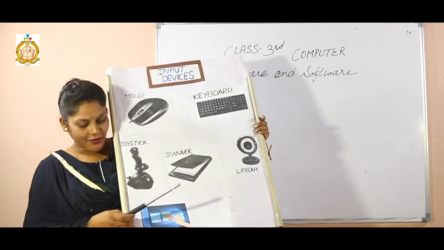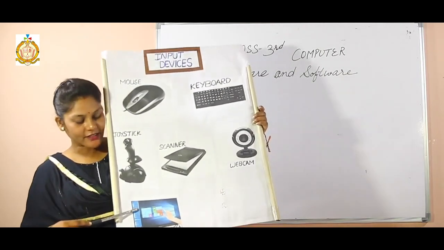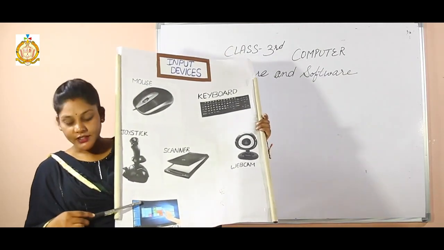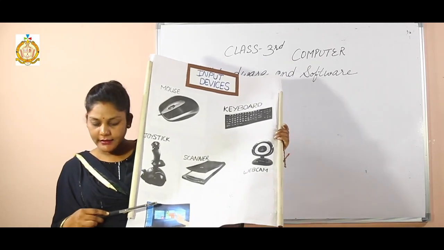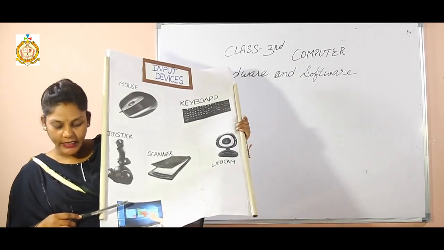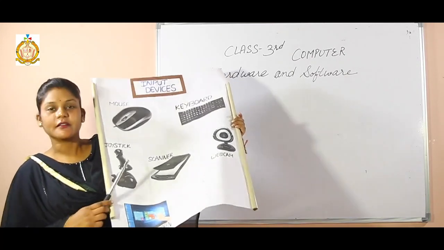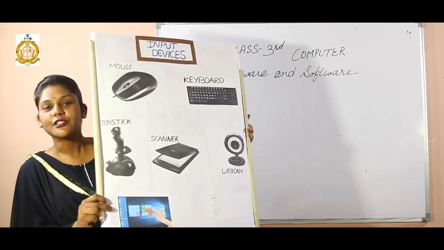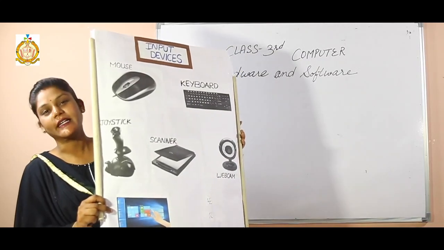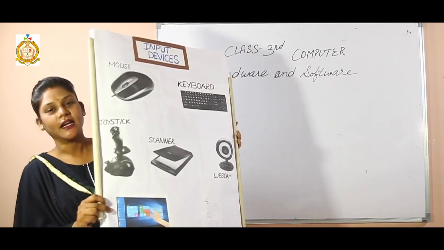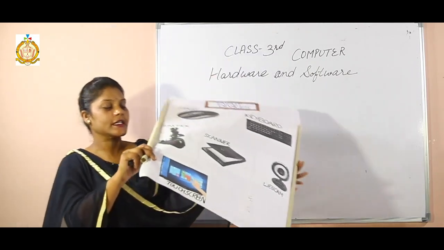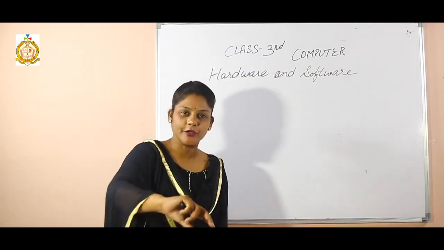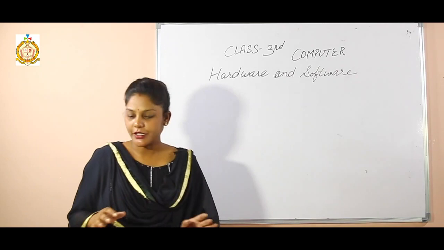Clear? So the last one is touch screen. With touch screen, you point a finger at the object on the screen. With the help of your finger, you can touch the board and you can easily get the answer. Clear, students? So these are the input devices according to your chapter that I discussed with you.